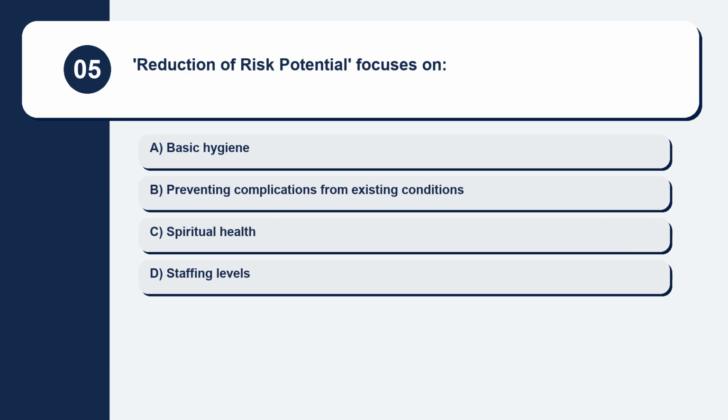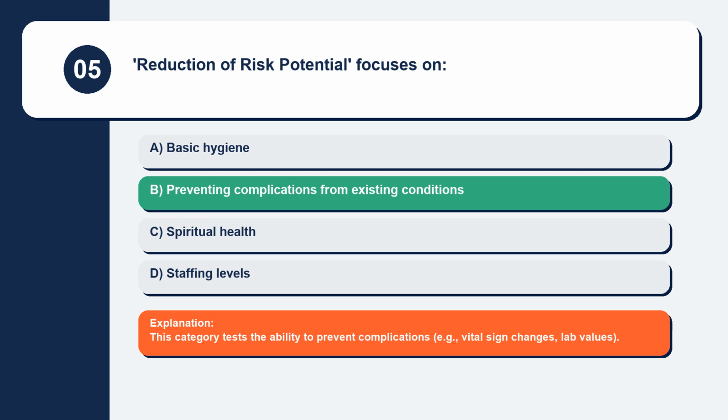Question 5. Reduction of risk potential focuses on basic hygiene, preventing complications from existing conditions, spiritual health, staffing levels. This category tests the ability to prevent complications, for example vital sign changes and lab values.